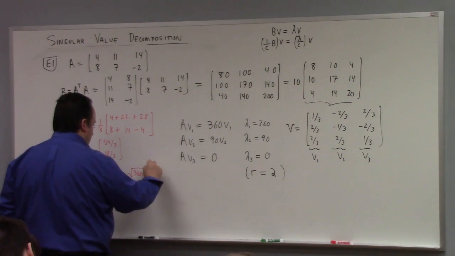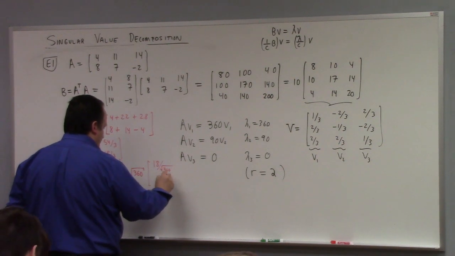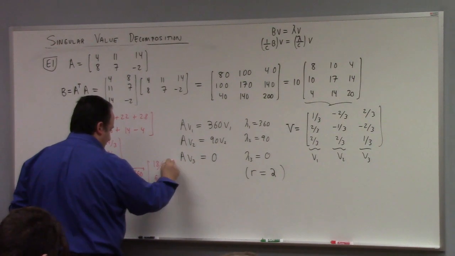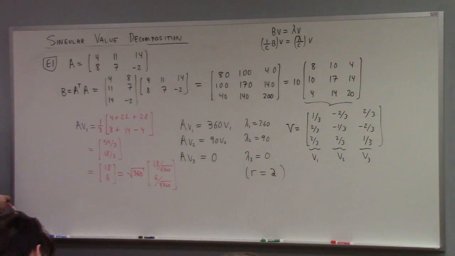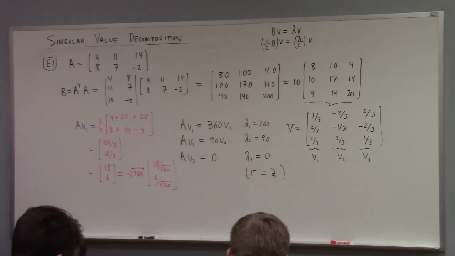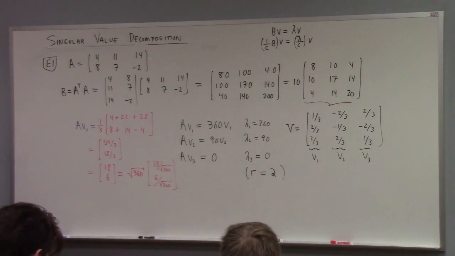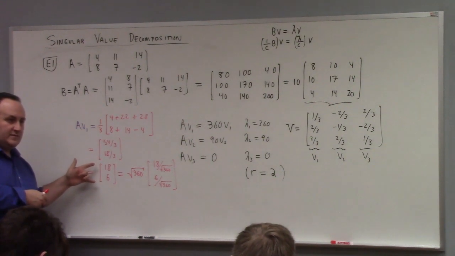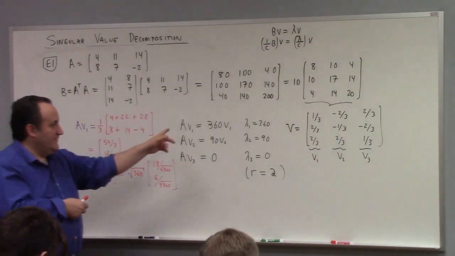Times 18 over the square root of 360, and then 6 over the square root of 360. 18 squared plus 6 squared is what? I hope it's 360. Because I'm pretty sure the length of this vector is the square root of 360. It has to be, because that is the square root of the eigenvalue for V1.